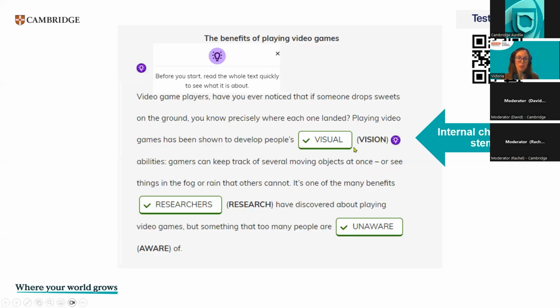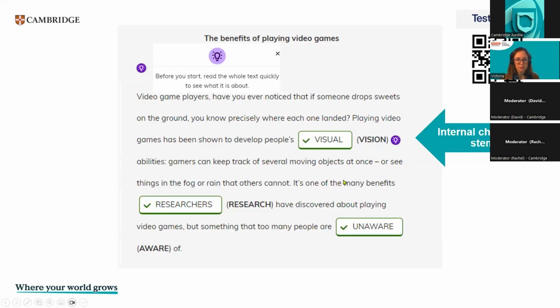In some cases we've got words such as vision here, and what we need to do is make an internal change to the word. So in this case, because we've got abilities here and the gap is right before, we may think we need an adjective, which is the correct option here.